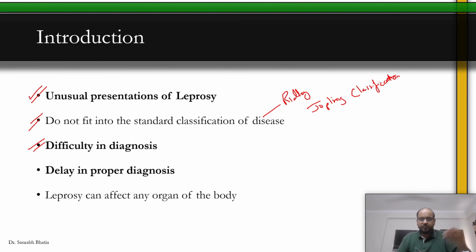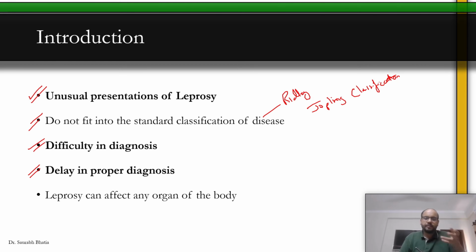In the case reports, while we're discussing them, you will find that most of the time leprosy was not kept as a differential before doing a biopsy, but on biopsy you see swarming foamy histiocytes and AFB positivity on Fite-Faraco stain or Wade-Fite stain. On the special stains, you see mycobacteria staining as red bacilli. And when you do PCR analysis, the diagnosis of leprosy is confirmed. So, because of multiple differentials, there's delay in proper diagnosis. You're not able to make a proper diagnosis earlier and start on MDT.